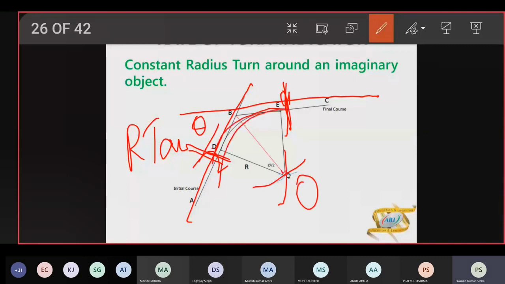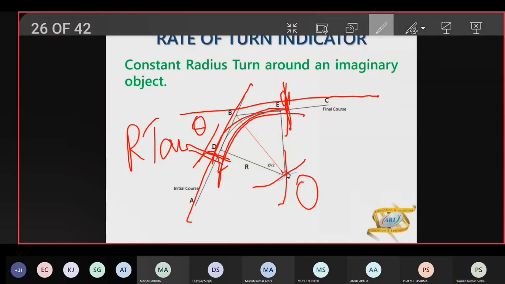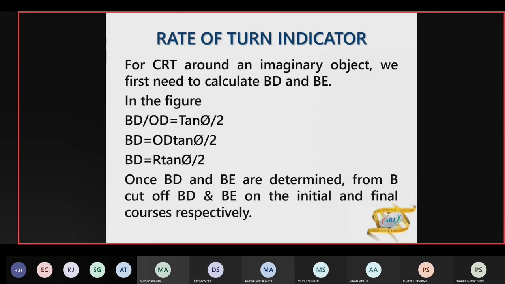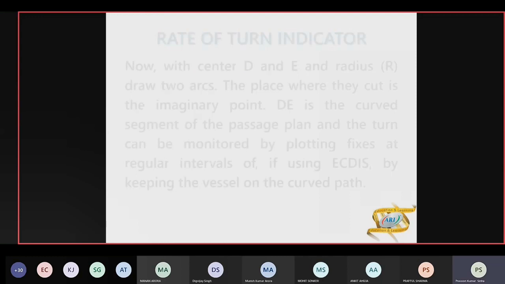Turn the compass and draw the arc. Next.